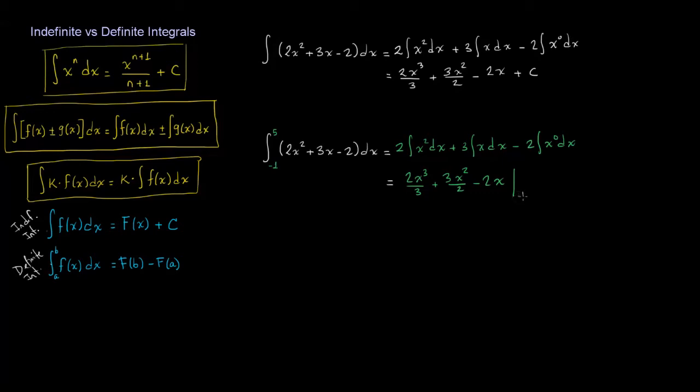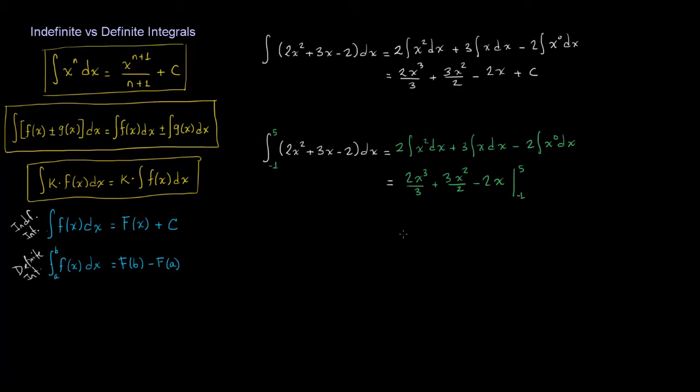Here -1 and here the 5. It's just a way to say you're going to evaluate this expression first on 5, which would be this part, and then minus the evaluation of this expression with -1.